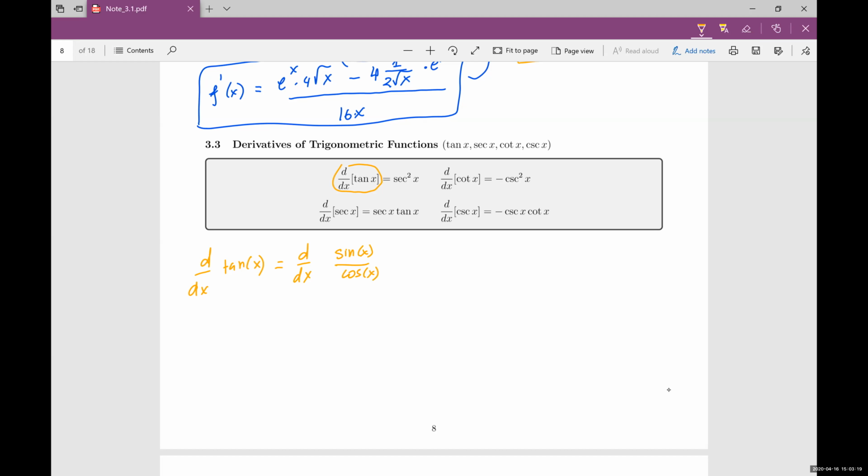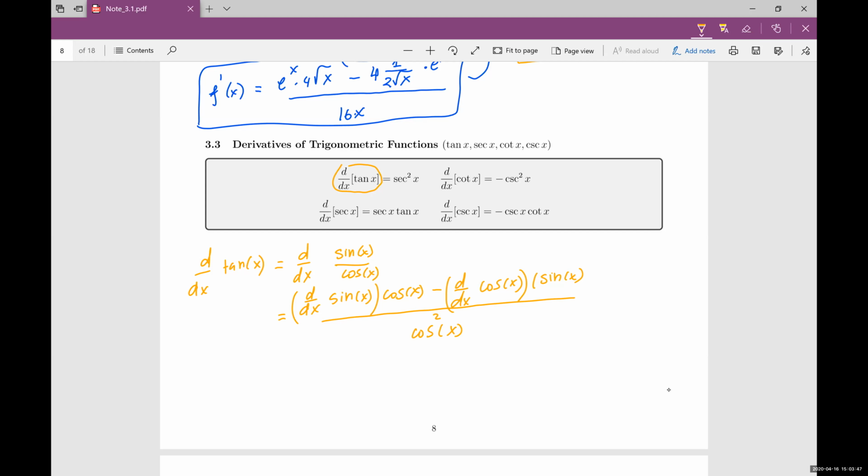And I can use the quotient rule to find this derivative. The quotient rule says you take the derivative of the top, multiply by the bottom, minus the derivative of the bottom, multiply by the top, and divide by the bottom function squared.